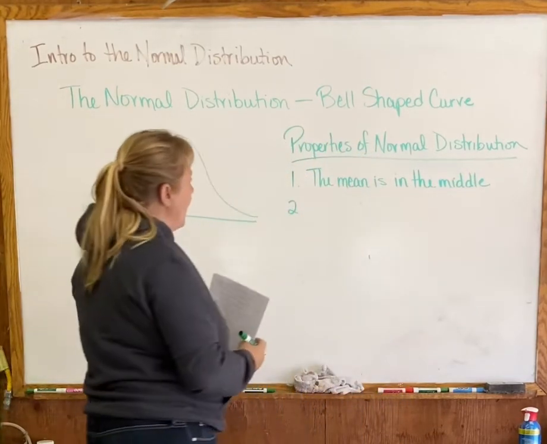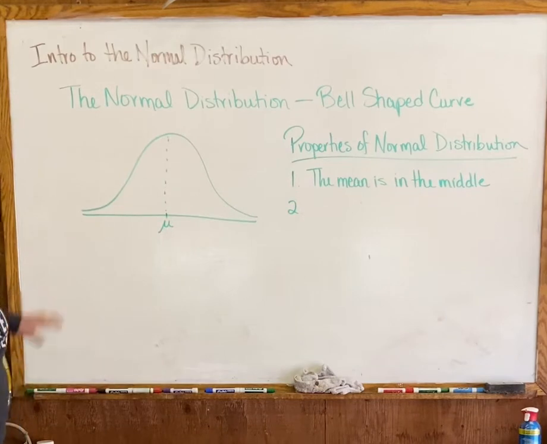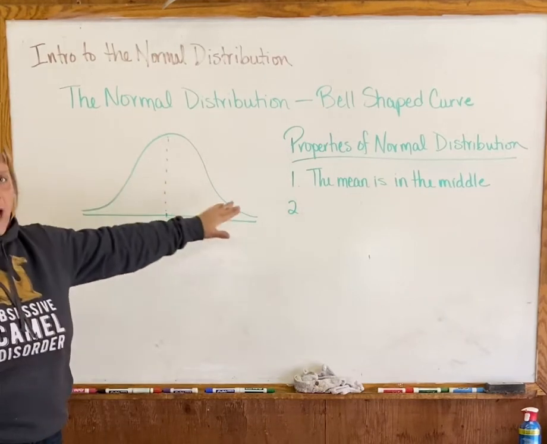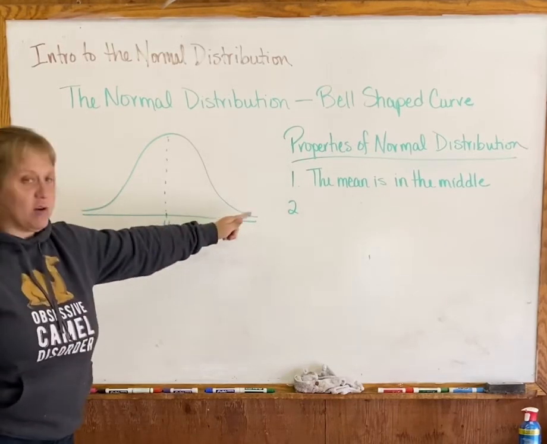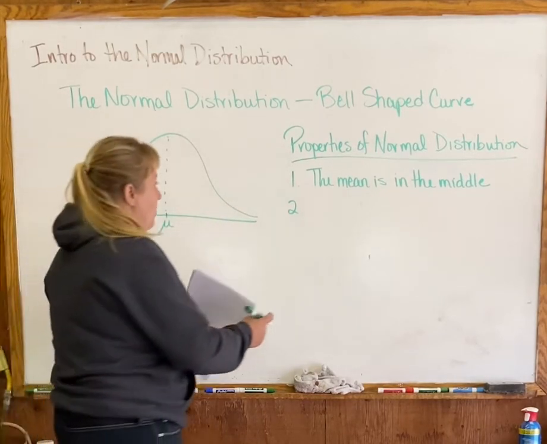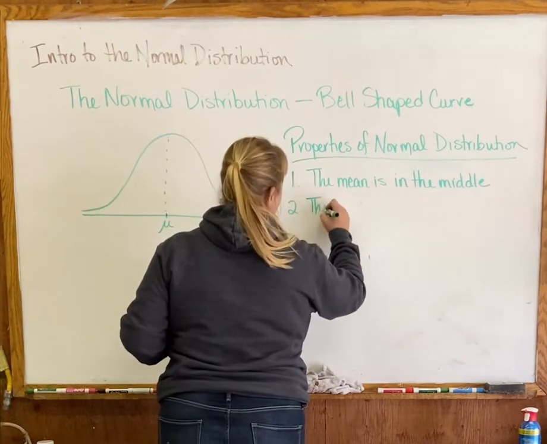The second thing I want you to notice is that for this guy, notice how my graph floats above the axis. Notice how it does not touch down on either side. So the graph floats above the axis.